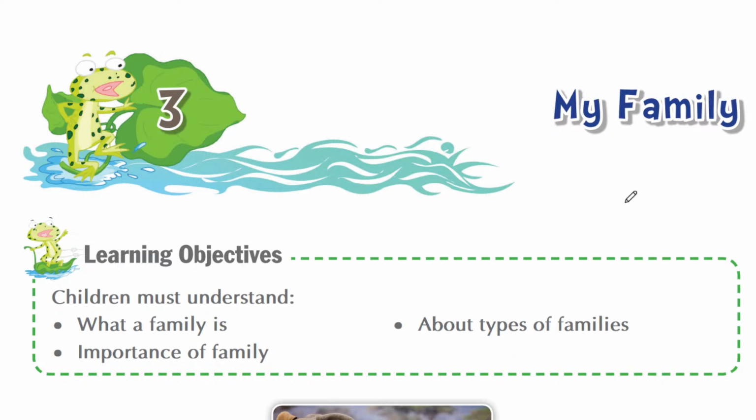After completing this chapter, a child will be able to tell other people what a family is, and about the types of families, that is nuclear family or joint family, whether it is a small family or a large family, and at last they will be able to tell us about the importance of family.